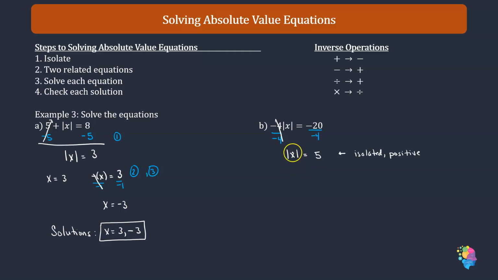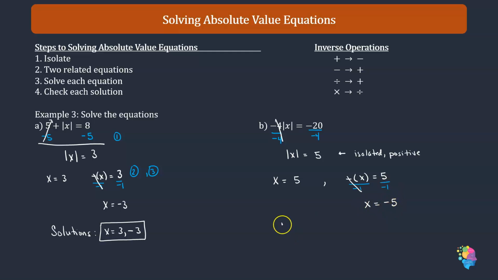The first one will be where the expression stays as is and is equal to 5. And the second one, when we take the opposite of the expression and we let it equal 5. Just like in 3a, the first one has already been solved for. We just need to take care of the second one by dividing by -1. So if we divide both sides by -1 on the second equation, that disappears, leaving us with x is equal to -5.